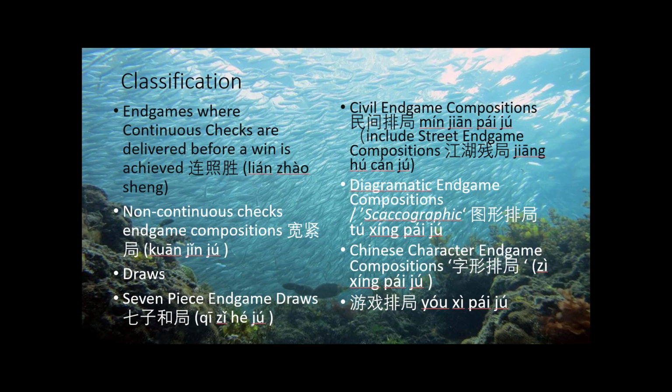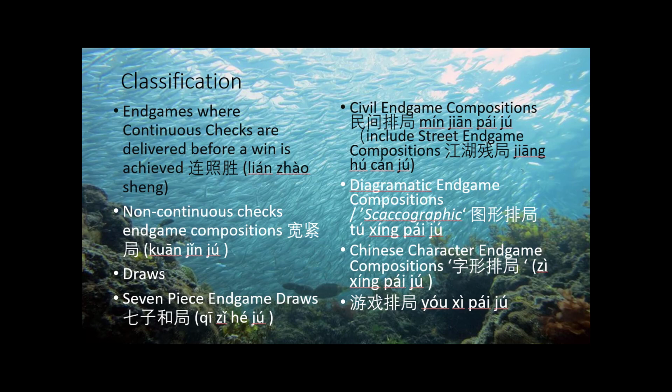Some endgame compositions do not contain continuous checks, and they are called 宽进局. And of course, there are brilliant draws. And out of the draws, a subcategory would be 7-piece endgame draws, which was inspired by the gathering of the 7 stars, which I will mention later.